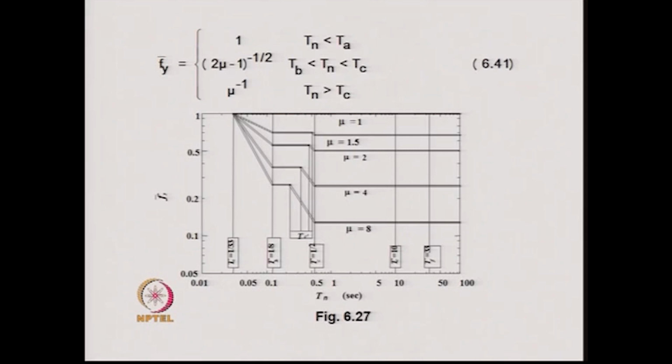So, utilizing these relationships that are obtained from an exercise of finding out f bar y versus T n for a number of earthquakes and averaging them, and from there trying to find out a relationship between f bar y and T n, some important output is obtained which are used in plotting the inelastic response spectrum curve from the elastic response spectrum curve.